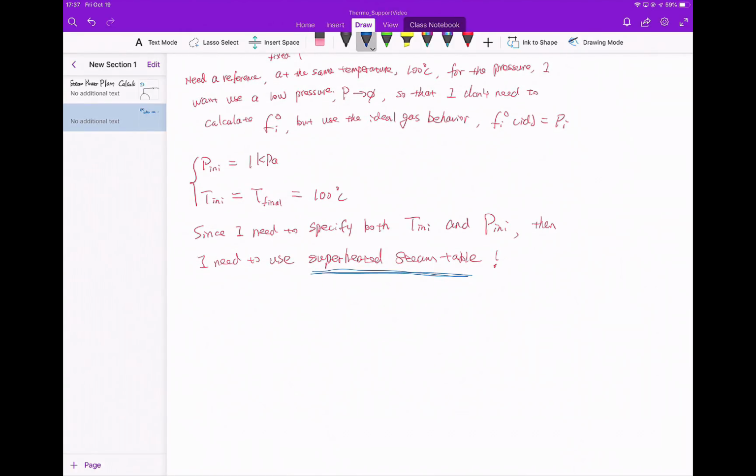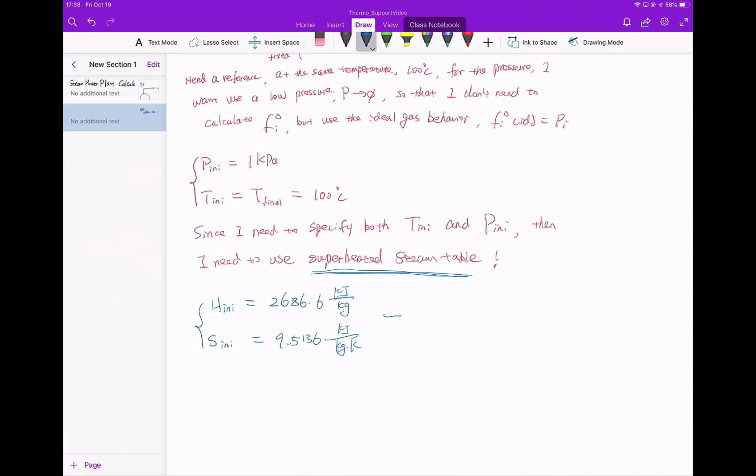Right. So there I would have the value of H initial in kilojoule per kilogram. Have S initial, okay.